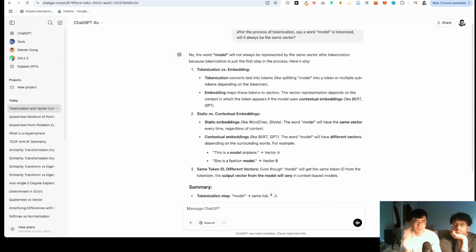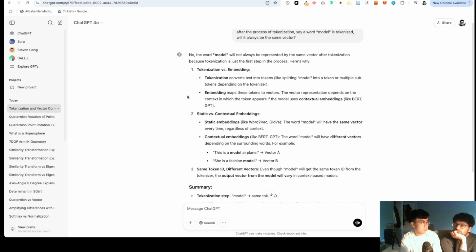So tokenization is just the process of splitting it, and then embedding is a mapping from the token to a vector. So tokenization is not a mapping from a word to a vector. Like the guy said, you split it up, and embedding is you take that and convert it into some kind of vector. But when you train, aren't they jointly trained?